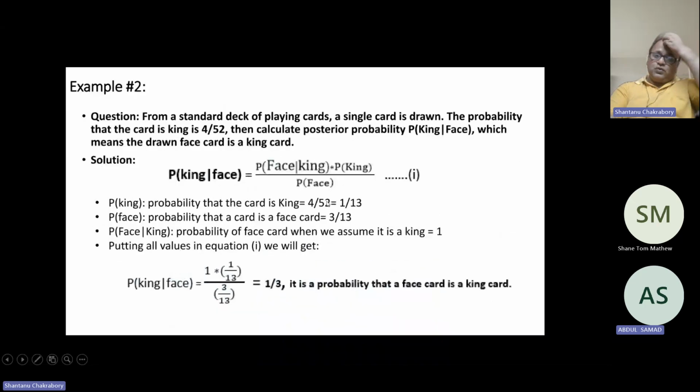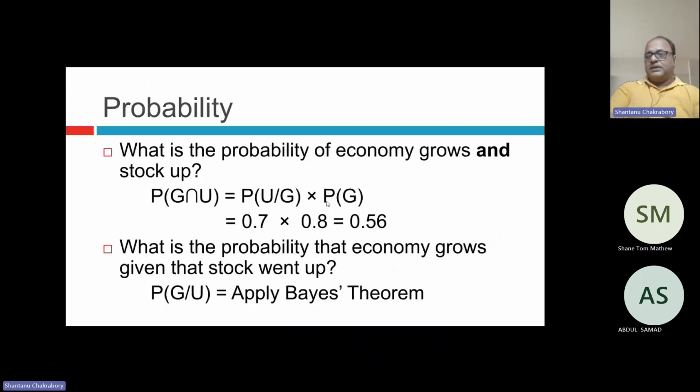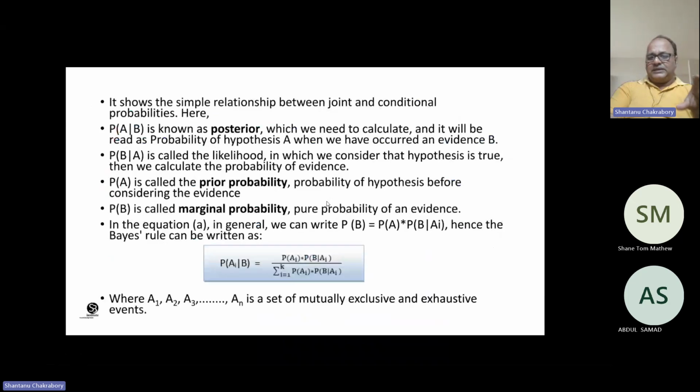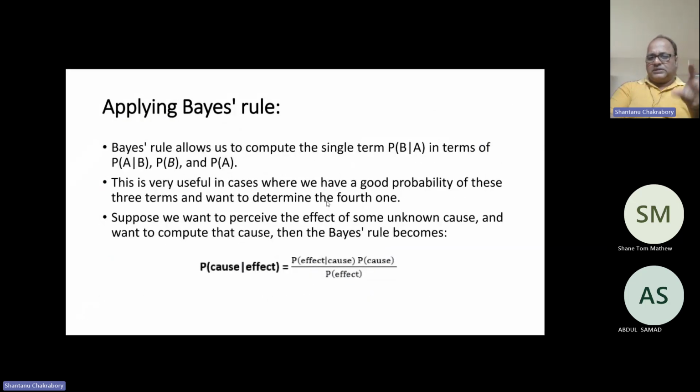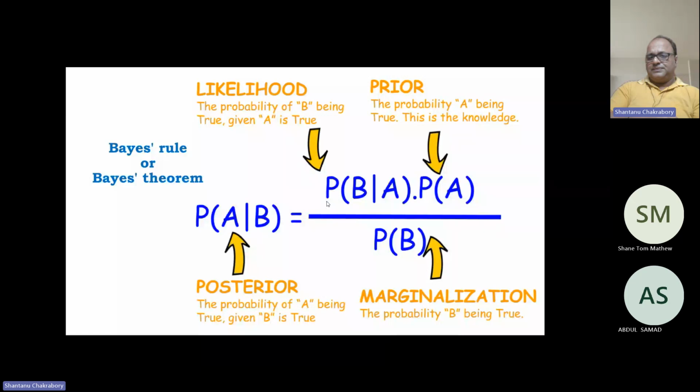More practice. See, what we do with the Bayes theorem is that we take these things into consideration: prior probability, likelihood of a probability, posterior probability, and the marginalization. So what are the things that we take into consideration when we apply the Bayes rule?